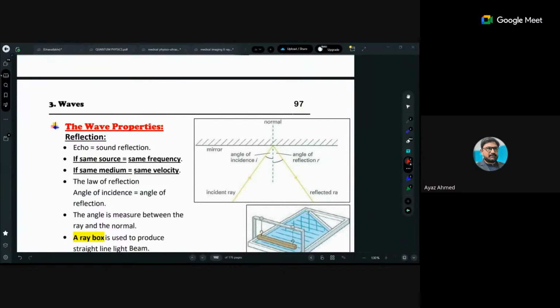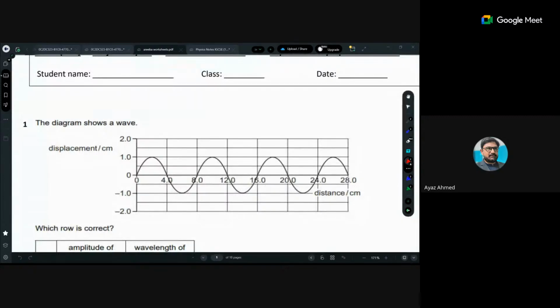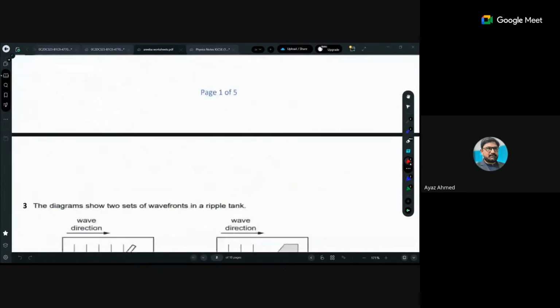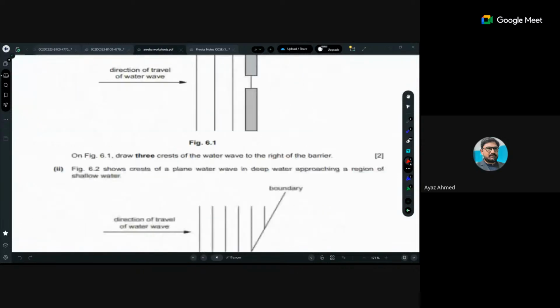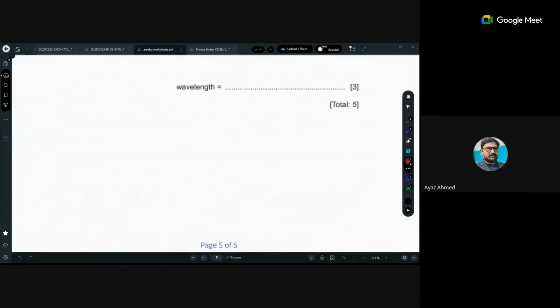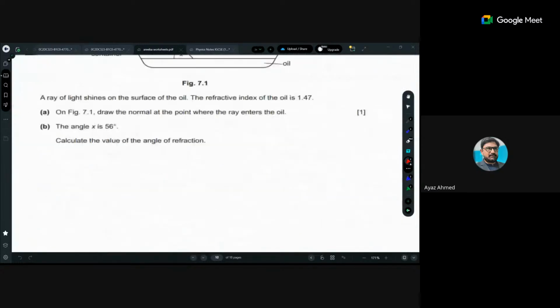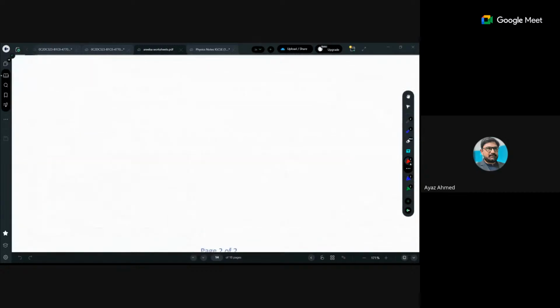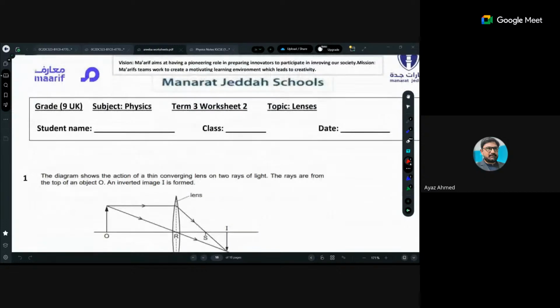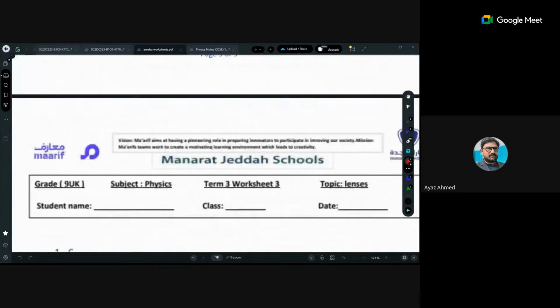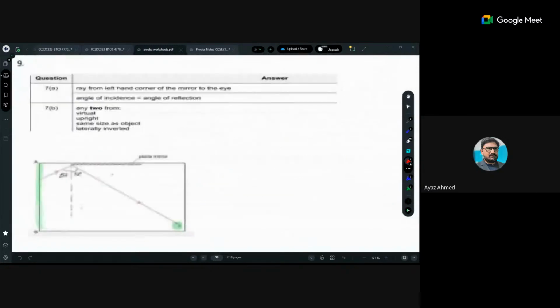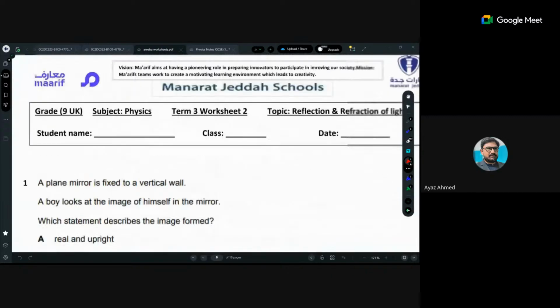Let me see if we have the separate worksheet of sound and general waves, then I will get you to solve that first. When we do water waves, we will do its worksheet together. This is required, this is required, this is also required. I think you did not receive the sound wave worksheet, right?